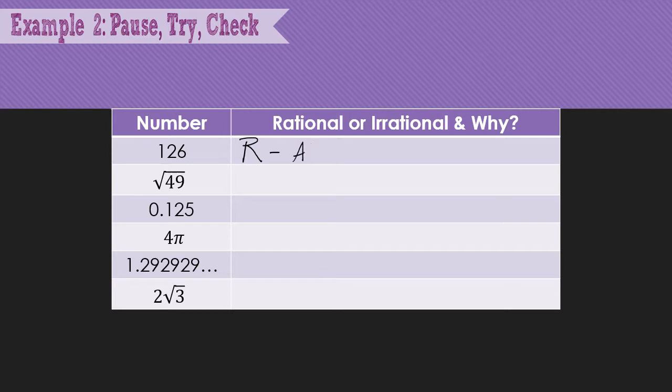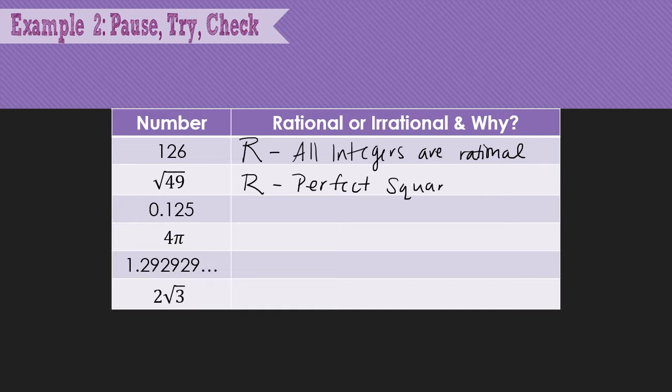So I could even say all integers are rational, and really the reason is because they can be written as a fraction. The square root of 49, that's going to be a rational number because this is a perfect square. Square root of 49 just equals 7. 0.125, that's also going to be rational because this is a terminating decimal. It has an end.